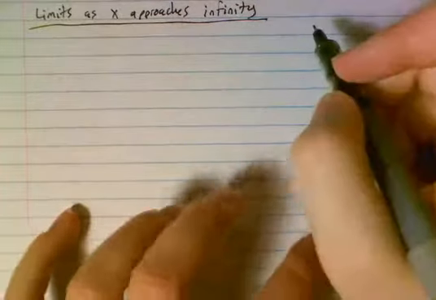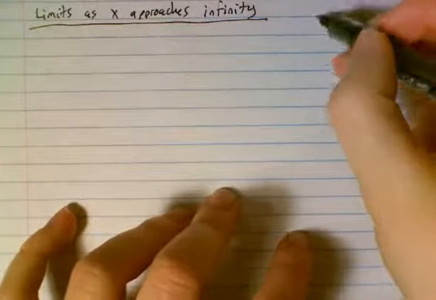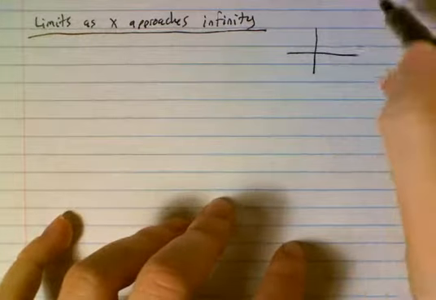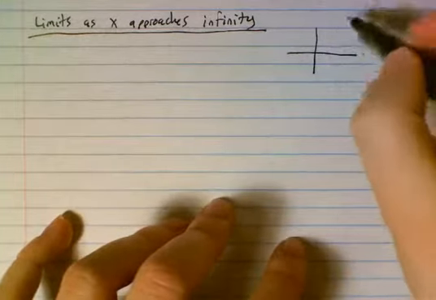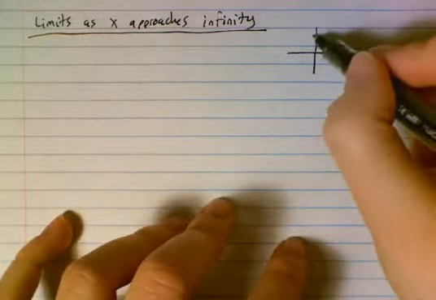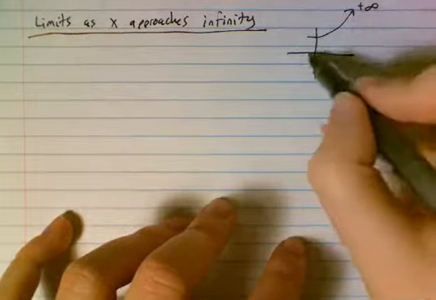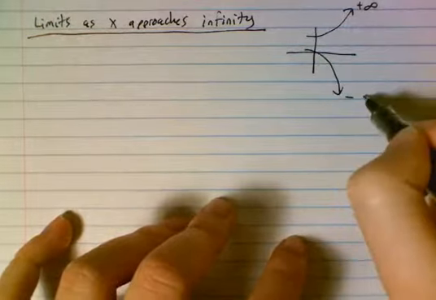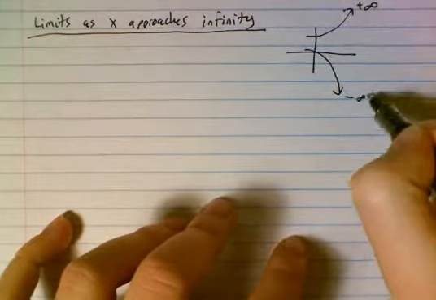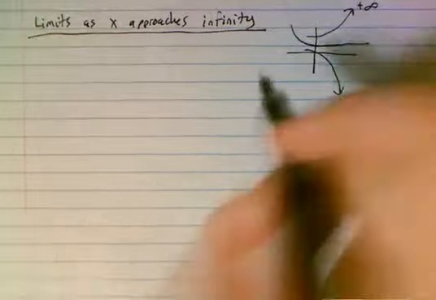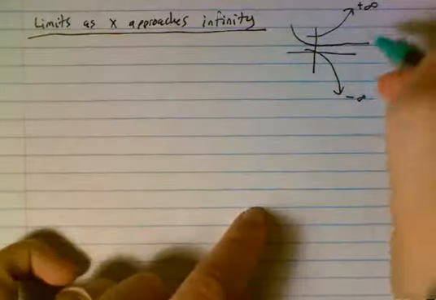And basically what happens, if we think about our little xy axes, we have a couple of options. One is that the curve could go off up to positive infinity. Another is that the curve could go down to negative infinity, or it could flatten out into a horizontal asymptote.